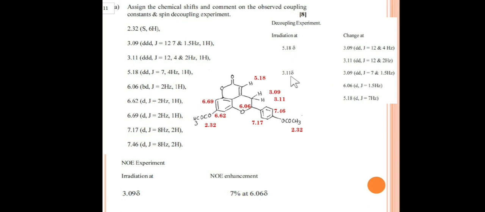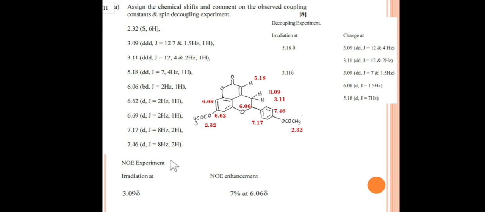Now if we irradiate 3.11, it affects the proton at 6.06. That means they are closely associated, or very close in space, whereas this one is affecting all three protons, 6.06, 5.18 and 3.09. That means this proton is associated with all three protons. This is how we can justify the decoupling experiment.